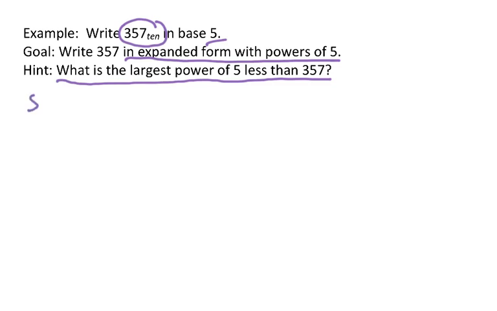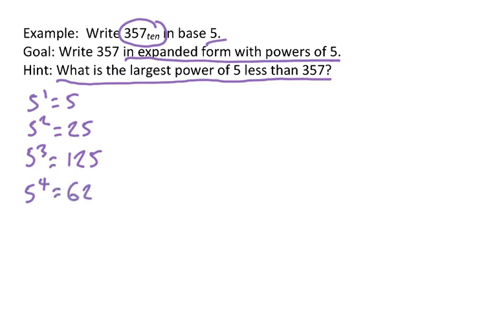Well, 5 to the 1 is 5, and that's well under 357. 5 squared would be 25, still well under 357. 5 to the third is 125, still less than 357. 5 to the fourth is 625. We have gone too far.